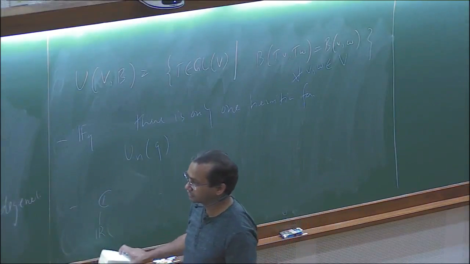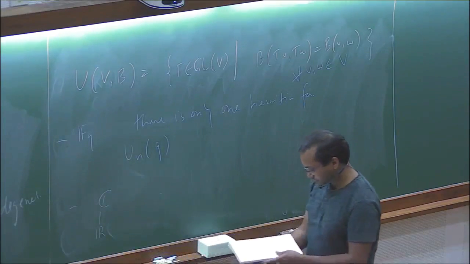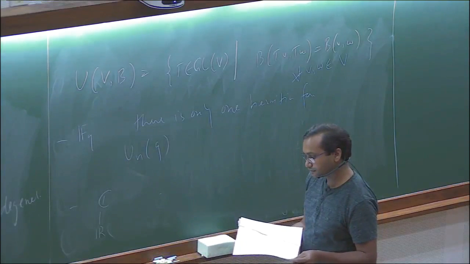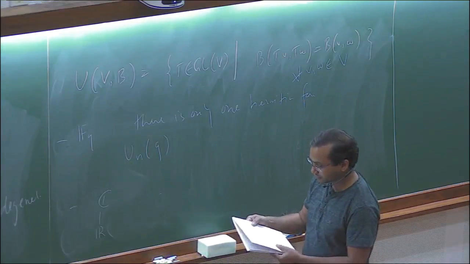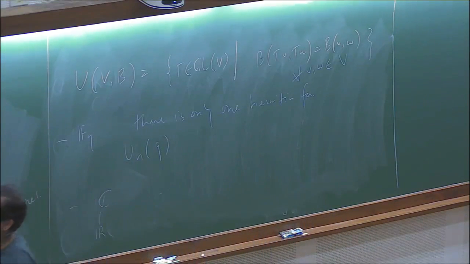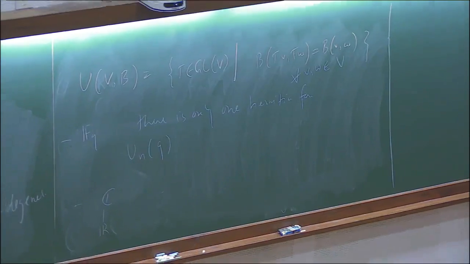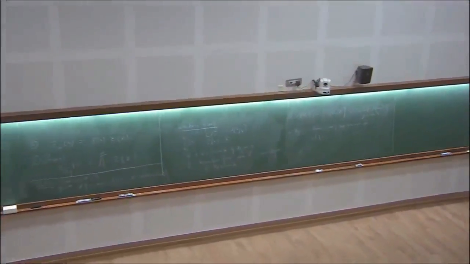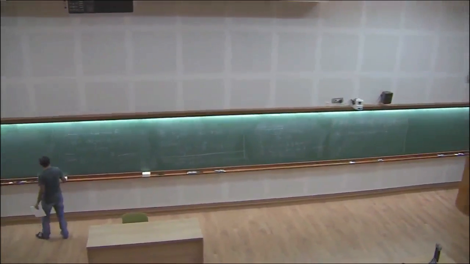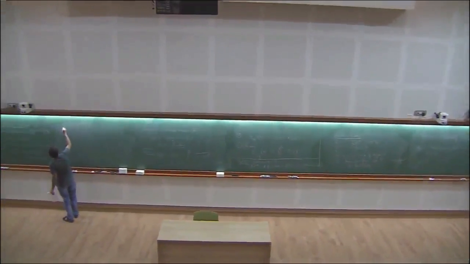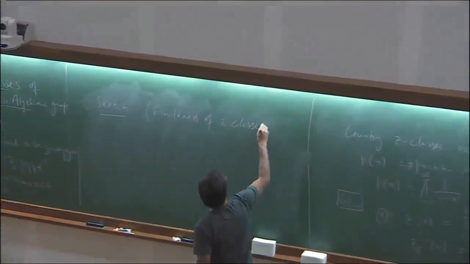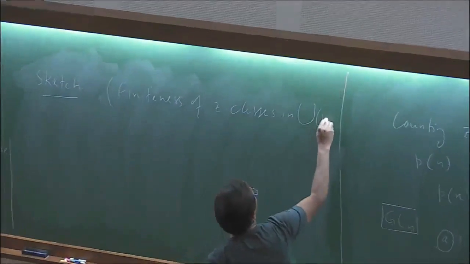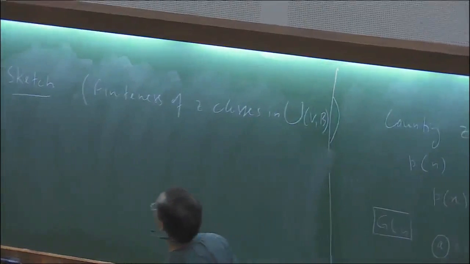Okay, so I don't want to write too many things. Now I want to just sketch the proof for finiteness of G classes in the unitary group in general.